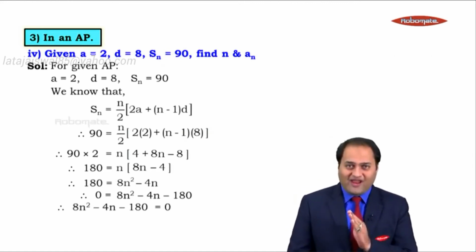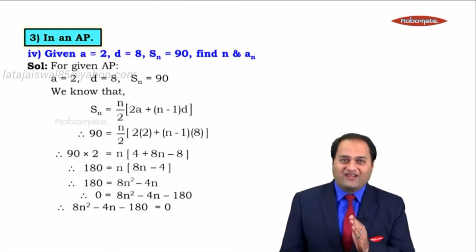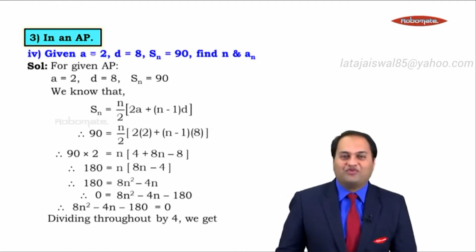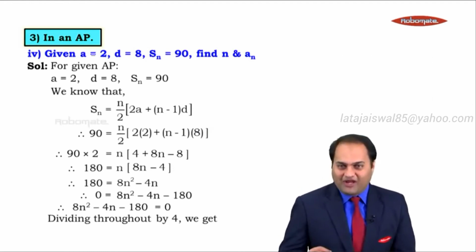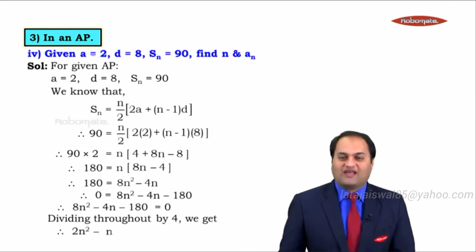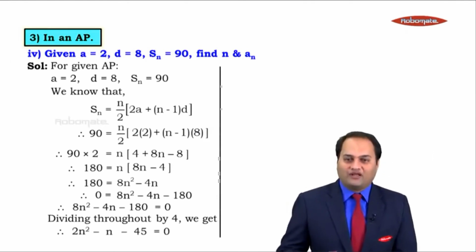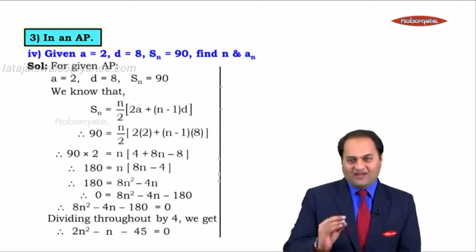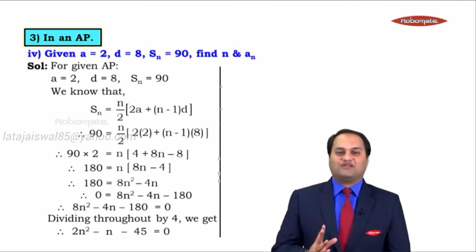Hold on. 8, 4, 180. Can we simplify this further? Yes. How? Dividing throughout by 4. Right? Let's divide throughout by 4. What do we get? We get 2n square minus n minus 45 is equal to 0. Right? Now we get a quadratic equation in its simple form.